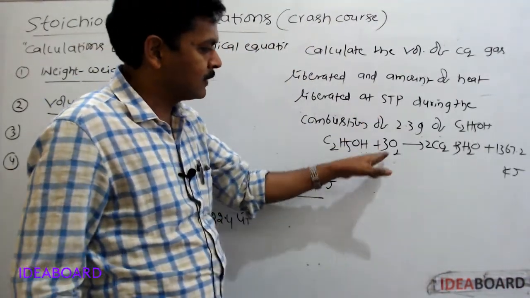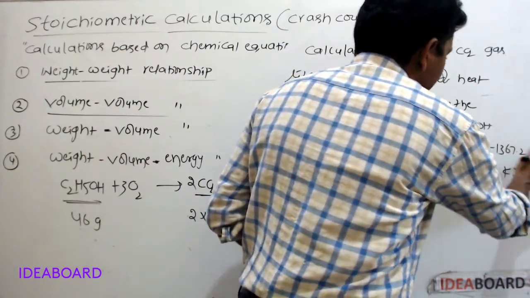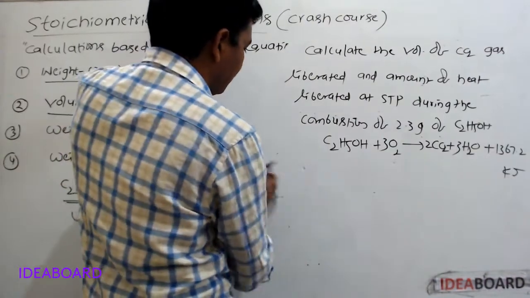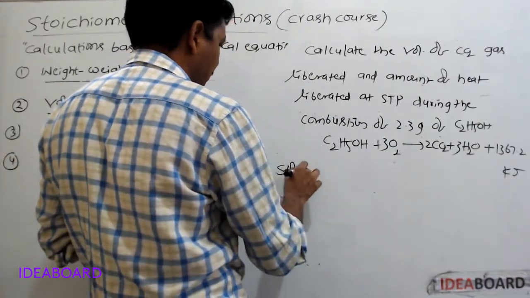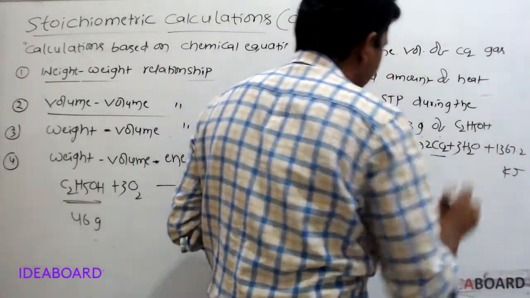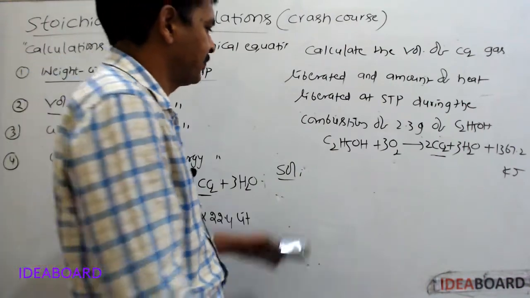Ethyl alcohol plus oxygen gives rise to CO2 plus H2O, and this much of energy is liberated. By using this, we should calculate the volume of the CO2 gas liberated and amount of heat liberated.